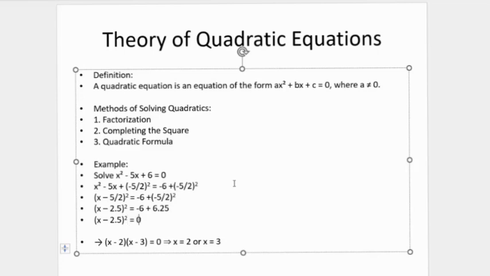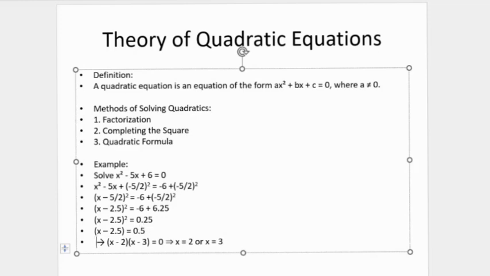So it's positive. So now we take the square root of both sides. If we take the square root, this squared goes away, and you're left with x minus 2.5. And we take the square root of this, which is going to be 0.5. So now it's going to be plus or minus 0.5 actually.